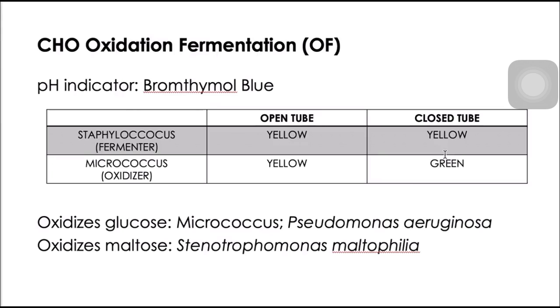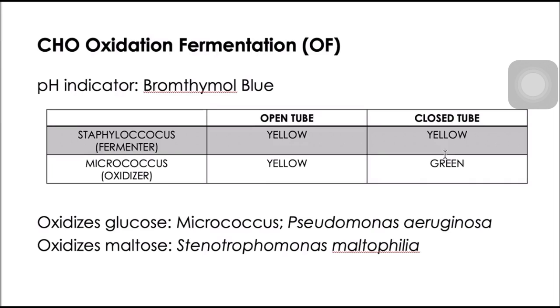If no reaction occurs, it will remain green. So for the carbohydrate oxidation fermentation, we have here two results: yellow if there is acid formation, while it will remain green if no reaction occurred.